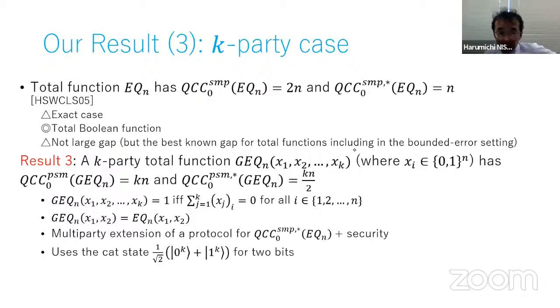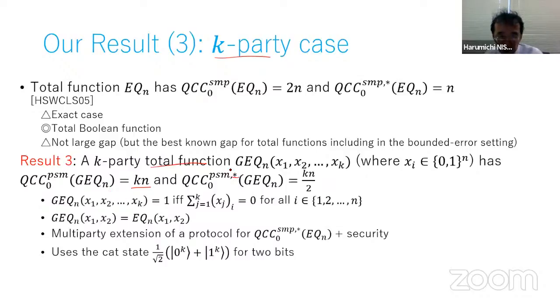Now, our third result. This result is a K-party result. We show some total function exists whose PSM communication complexity is Kn with no entanglement.